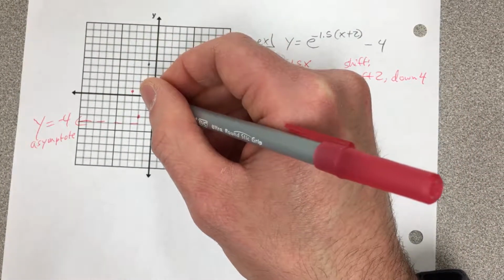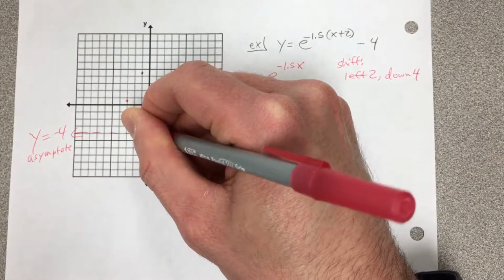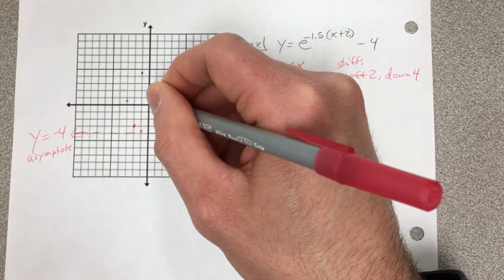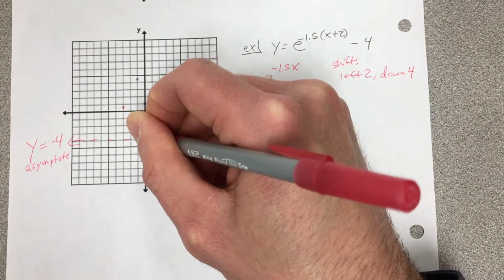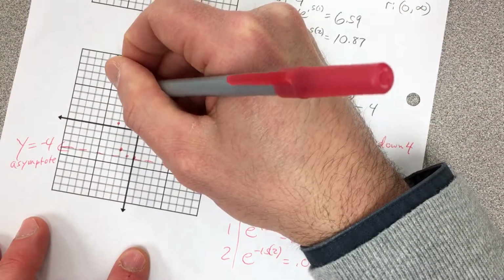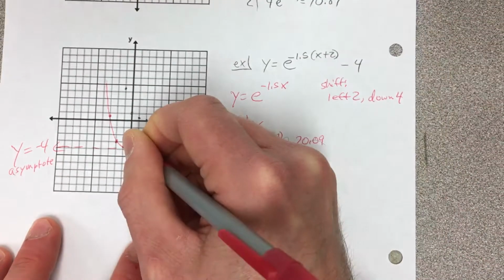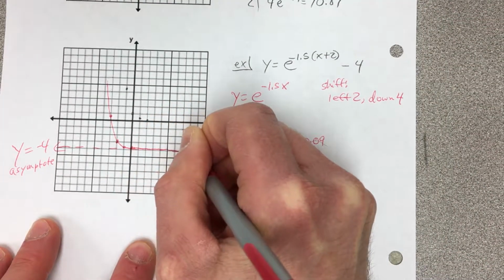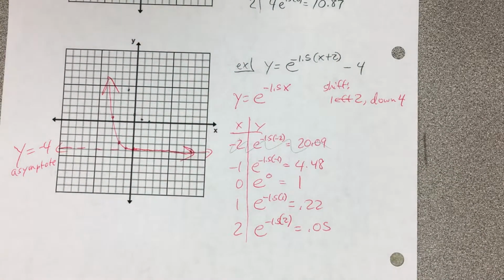Left 2, down 1, 2, 3, 4. Left 2, down 1, 2, 3, 4. Okay. And then connect those dots. Don't cross your asymptote. And there we have it.